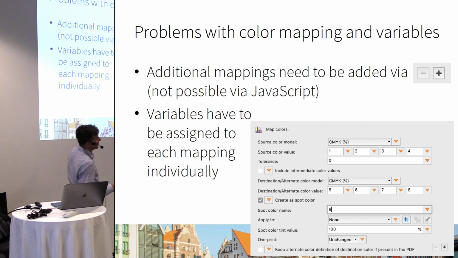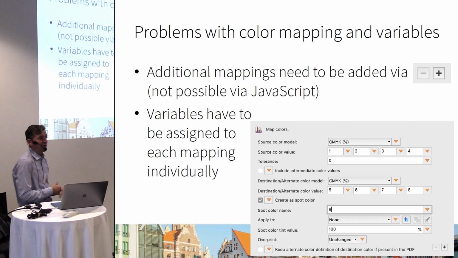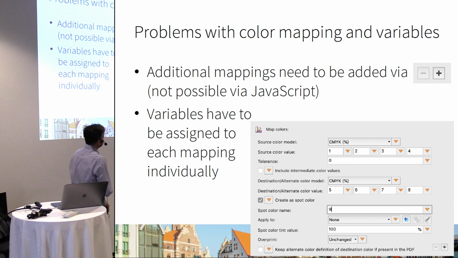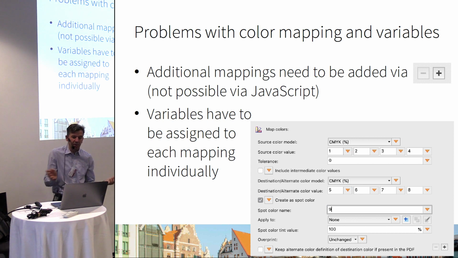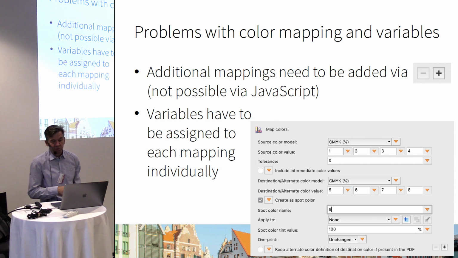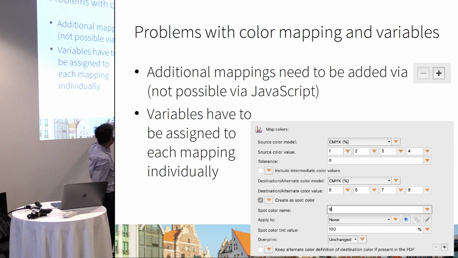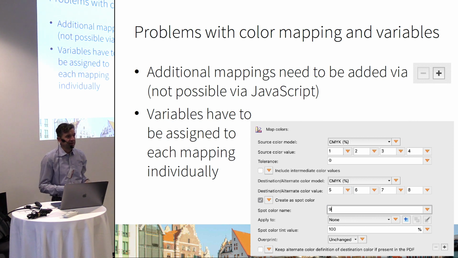However, in a profile that's controlled with a script, if you want to be prepared for, let's say, 10 different such mappings, then even if you don't use spot colors, you would have to predefine 80 different variable names. Does it make sense?